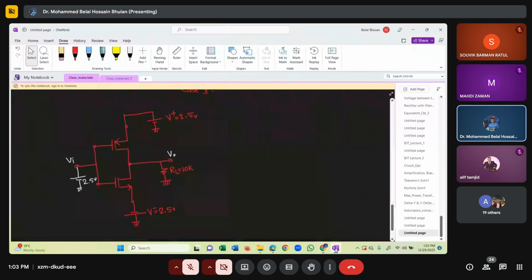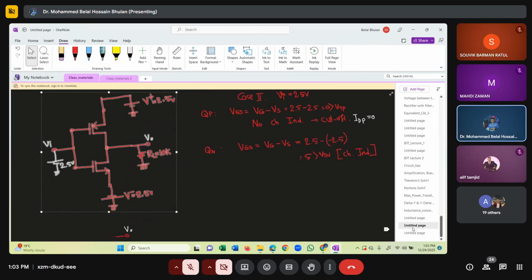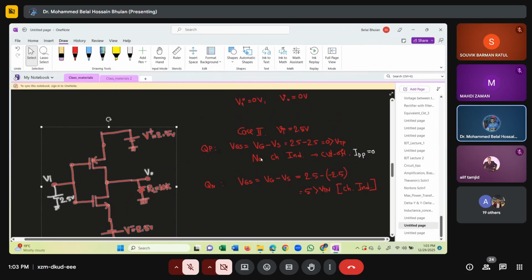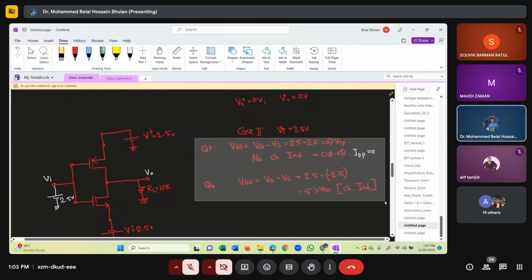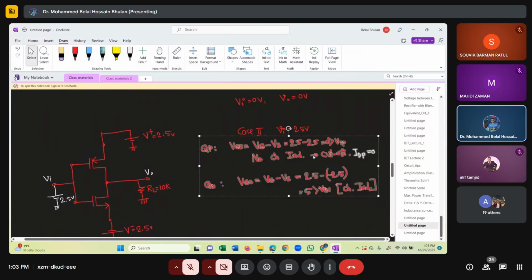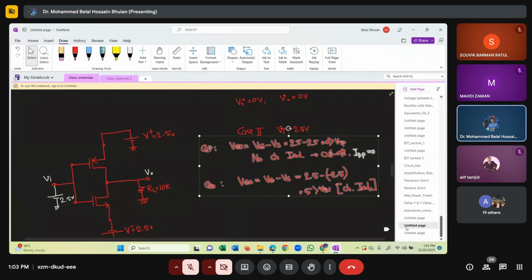All right. Same steps. Again, we have the input voltage. Previously, it was Vi equal to 0. Now 2.5 volt. Same process. Check the MOSFETs. That part I just borrowed from here.